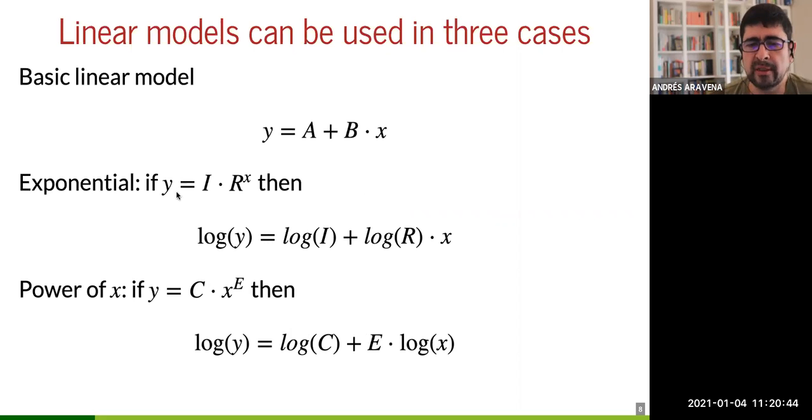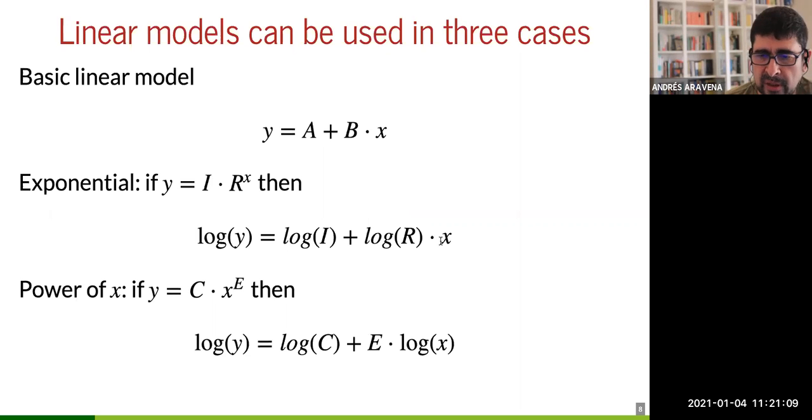In the exponential, you take the logarithm of everything, so you have log of y is log of I, this multiplication becomes a sum, and this exponentiation essentially becomes a multiplication, and you have the logarithm of y is the logarithm of I plus the logarithm of r times x. And this is a linear model.